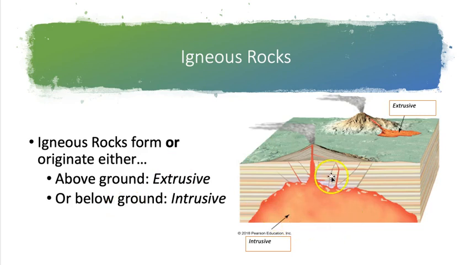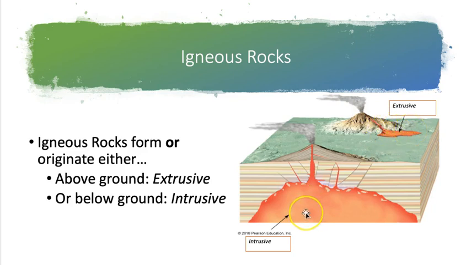If the magma rises all the way up to the Earth's surface and then is released through a volcanic eruption, the lava, which we now call it, or pyroclastic material, which is the ash, that gray smoke that you might see coming out of a volcano, when that cools and solidifies, it's going to form what we call an extrusive igneous rock, because the material, the lava or pyroclastic material, has exited the Earth and is on the Earth's surface.